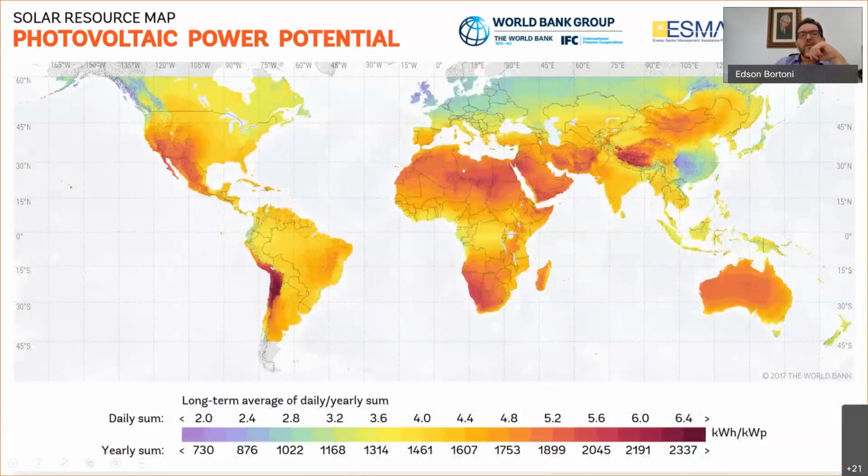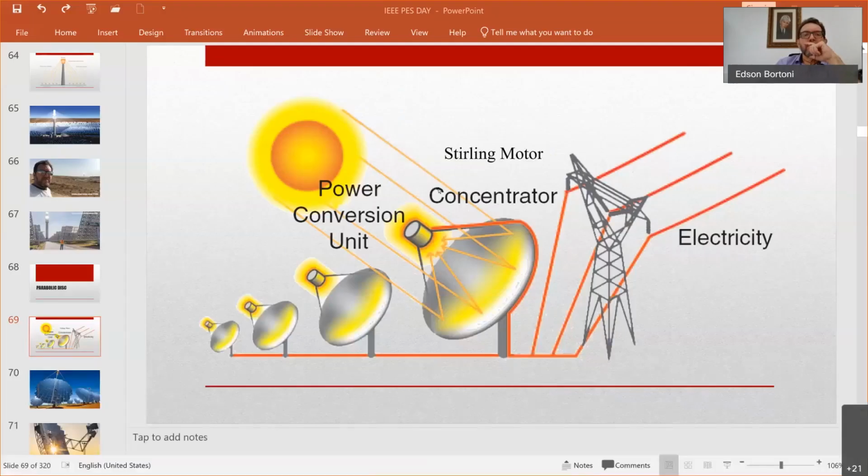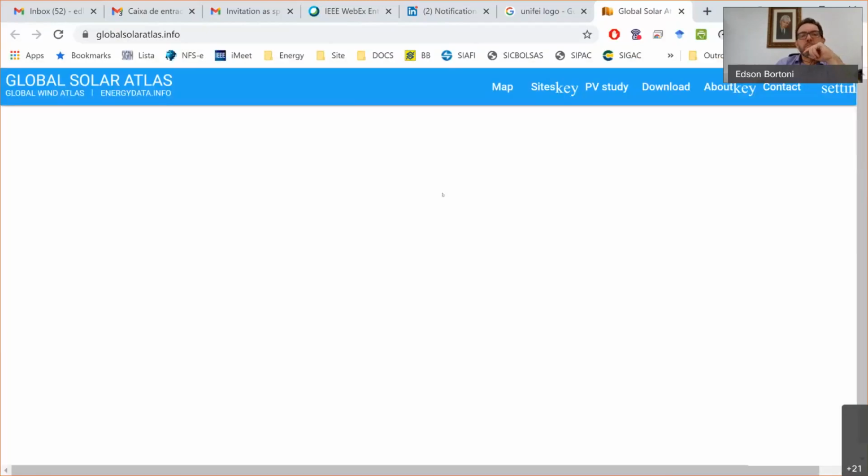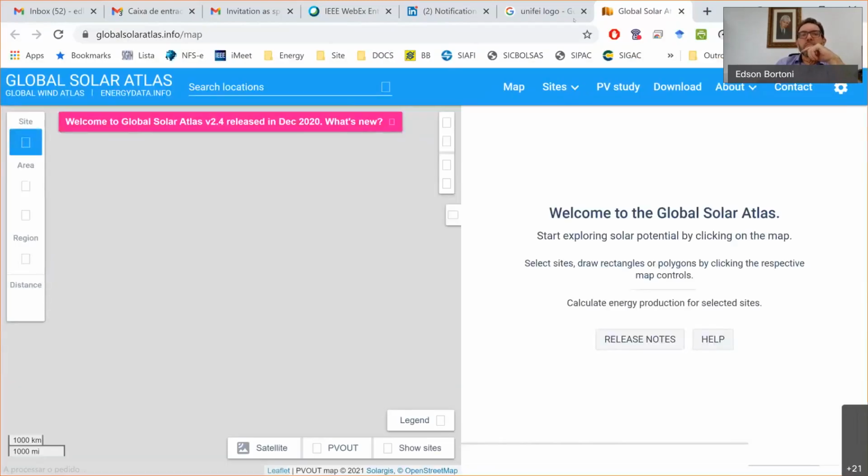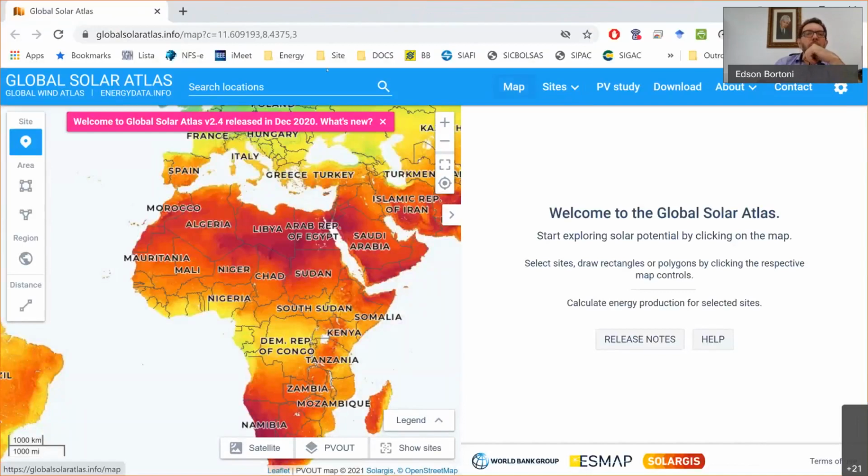This is a very interesting map. You can look for this site, globalsolaratlas.info, and you have this kind of map.